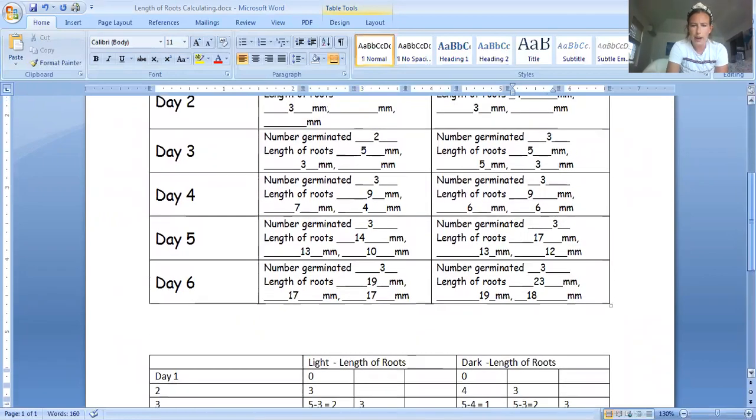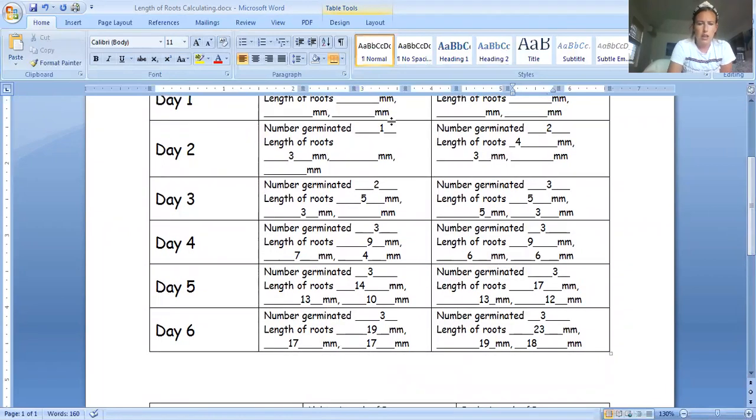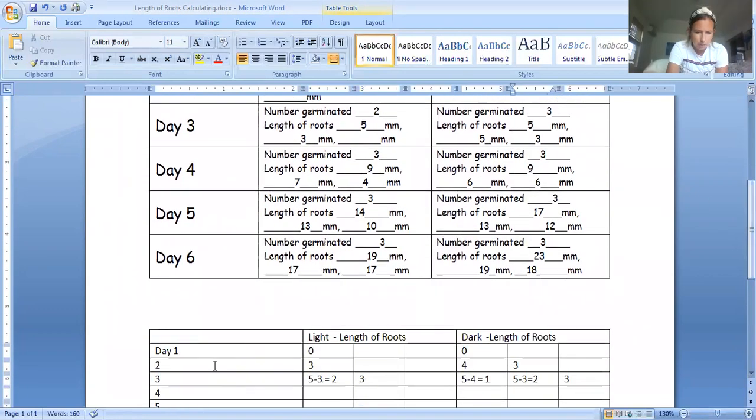On day 2, I had some changes. I had, nope, that's day 3. I had 1 of my beans in the light column germinate 3 millimeters. So I've gone down to day 2, and I've had 1, and it's grown 3 millimeters. So I've put that there.